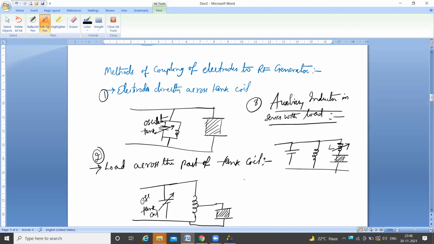Whenever voltage is applied across a capacitor, the resulting current leads the voltage by 90 degrees. But a small part of the current through the capacitor is in phase with the voltage, which leads to I squared R losses. This loss in conduction in the dielectric is why it is called dielectric heating.